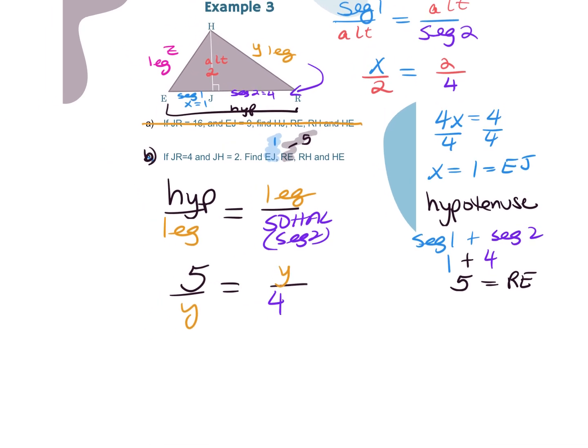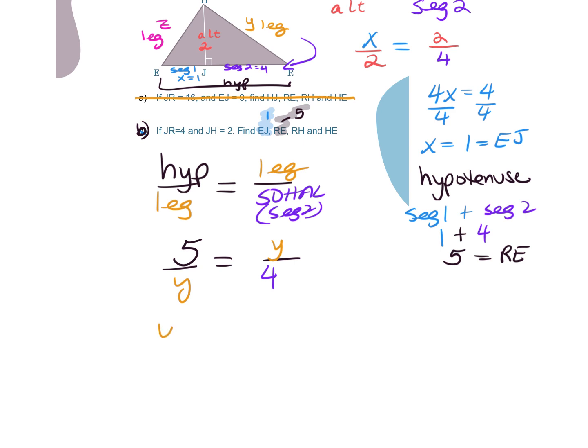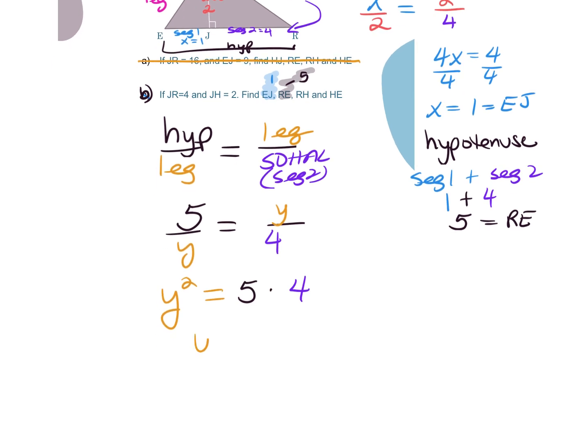So now I'm going to cross multiply. Y times y is y squared. And then 5 times 4. And then if I multiply this, I get y squared equals 20. If you do this on your calculator, you're going to get a decimal. I want it exact. Big Ideas wants it exact. So what we need to do is square root it. And again, I would just go back to what it was when you multiplied.